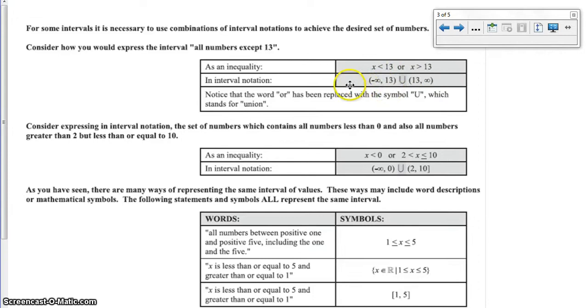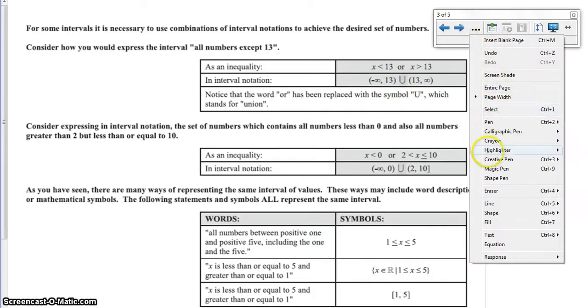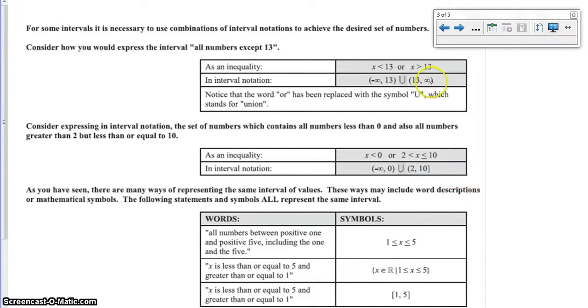Okay, I go from negative infinity to 13, and then I union that with 13 to positive infinity. Because I use parentheses here and not brackets, take a good look at that, folks, that tells me it's not included.